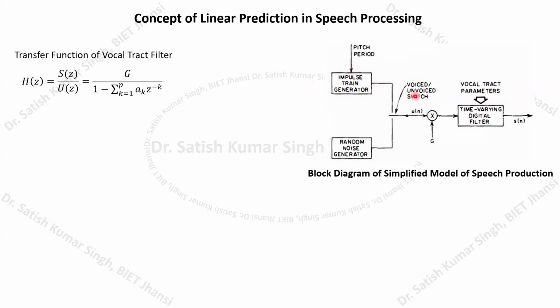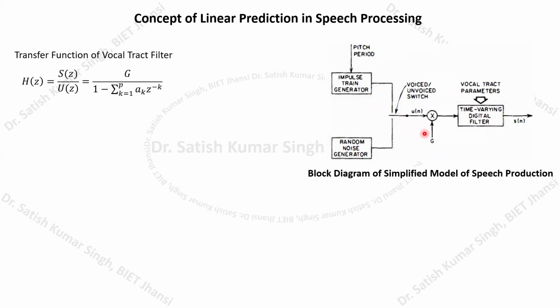Similarly, for unvoiced speech, we use a random noise generator. The amplitude of the impulse train generator and noise generator is governed by the multiplication factor G, which decides the amplitude of those input signals.